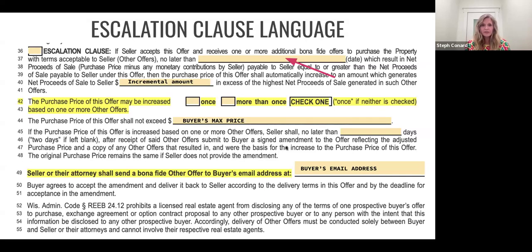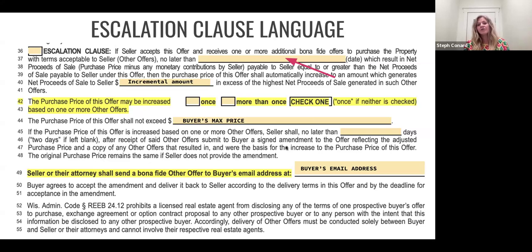So if seller accepts this offer and receives one or more additional bona fide offers to purchase the property with terms acceptable to the seller no later than blank. So you're going to put in a timestamp on this. So let's say I am submitting an offer today with an escalation clause.